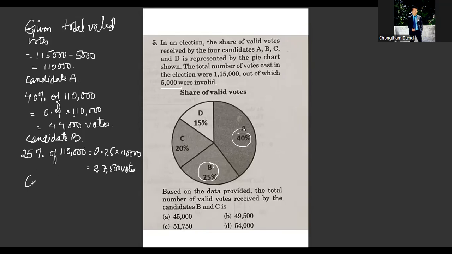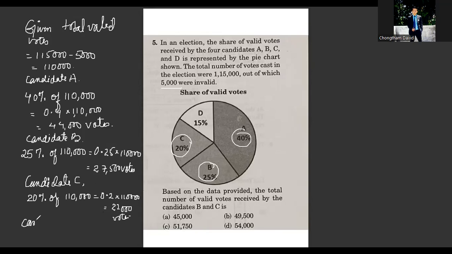Let us check for candidate C. The given percentage is 20 percent. So 20 percent of 1 lakh 10,000 corresponds to 0.2 times 1 lakh 10,000. The answer is 22,000 votes.